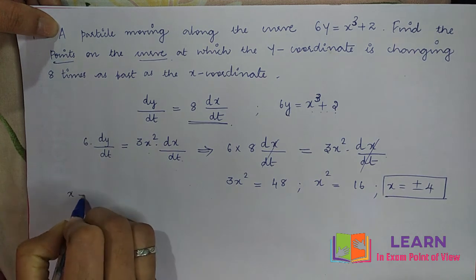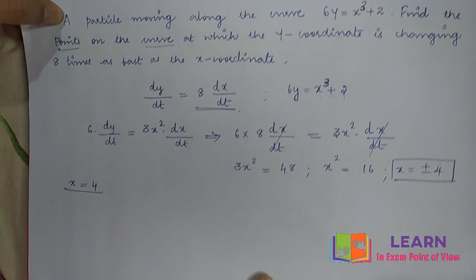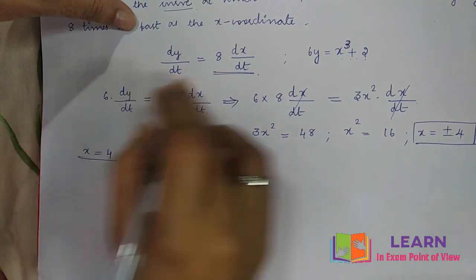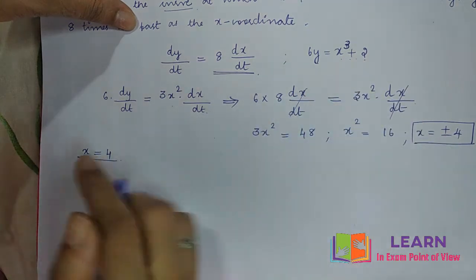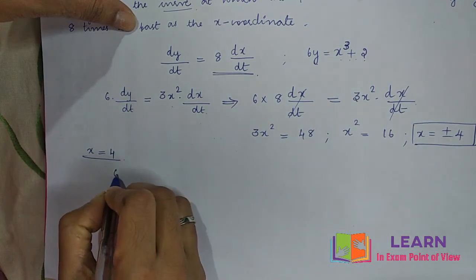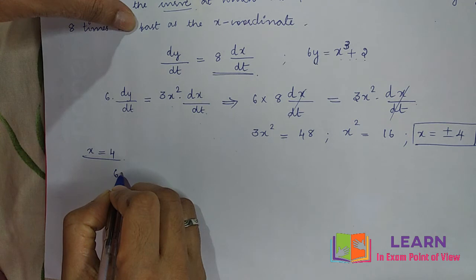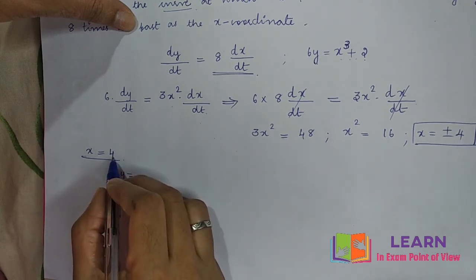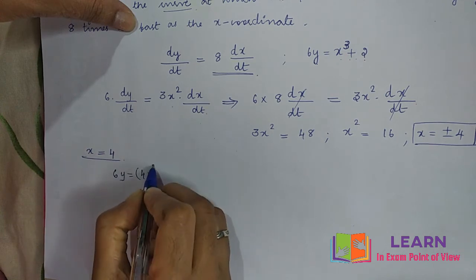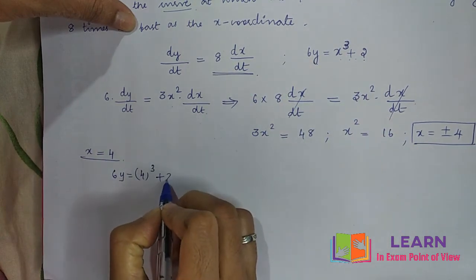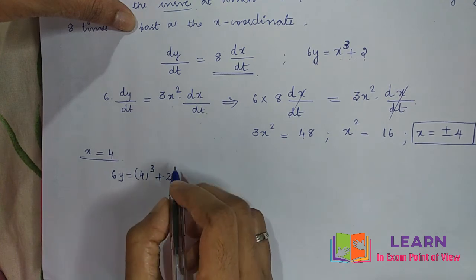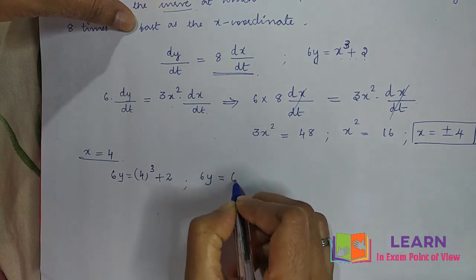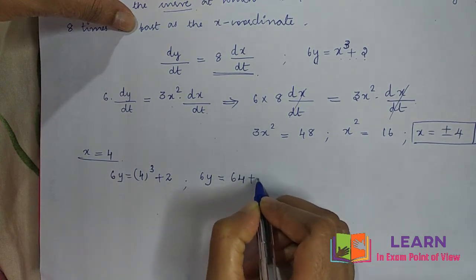First we take x equal to 4, the positive value. When x equals 4, what is the y value? Just substitute in this equation: 6y equals 4 cube plus 2.